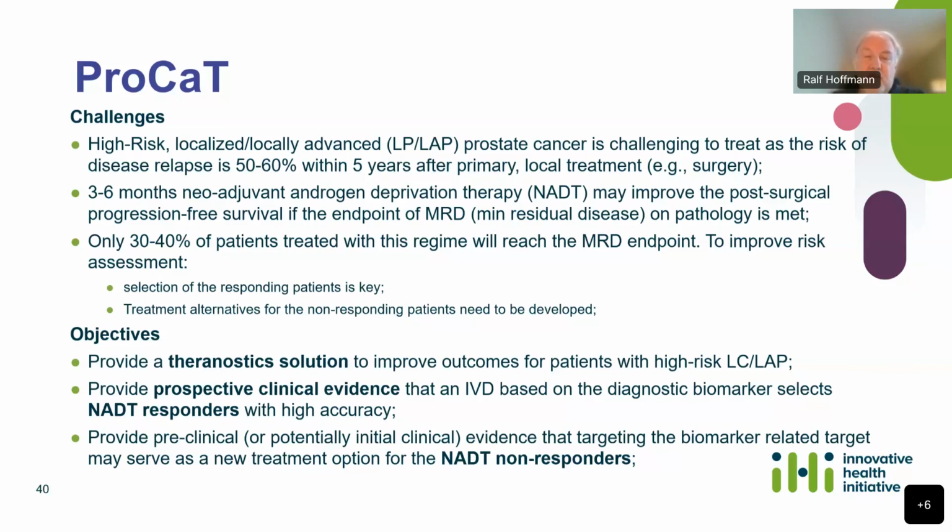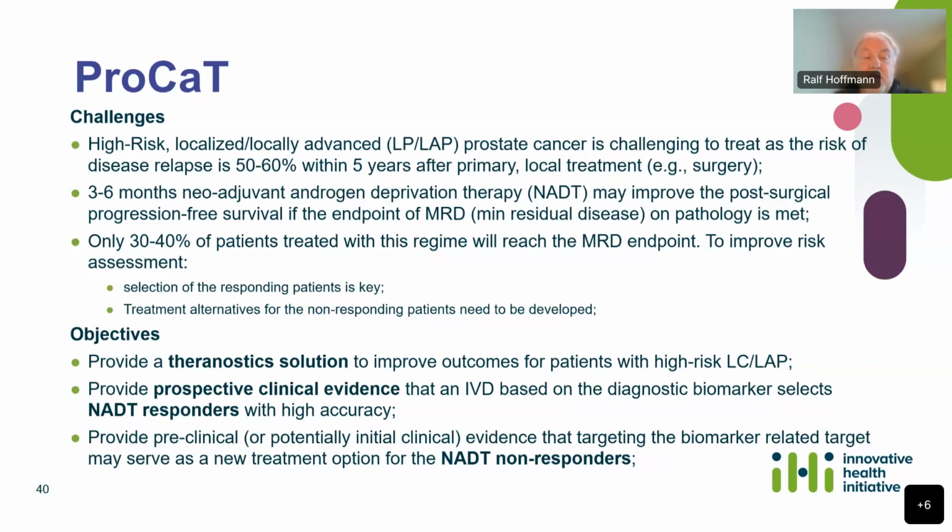But due to the development of so-called second generation anti-androgens or androgen receptor signaling inhibitors in the last years, there is new hope now that this type of treatment in a neoadjuvant setting will lead to better outcomes, at least for those patients where the endpoint of minimal residual disease after this treatment on pathology, when the prostate is being resected, has been met.